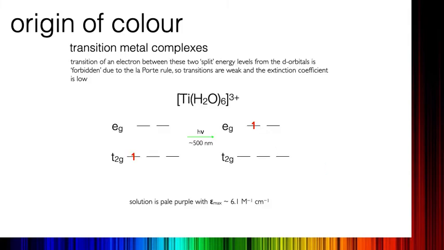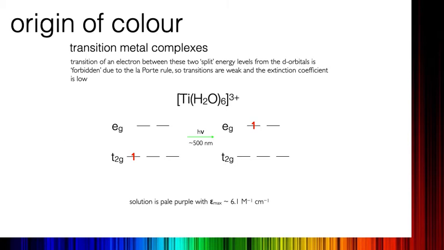So in titanium hexaaqua, it's those hexaaqua around the titanium which are giving me this split in energy levels, and the transition I see is from this T2g set to this eg set, which are all 3D orbitals, and therefore it's a d-d transition and it is forbidden. And so my molar extinction coefficient for this transition is low, about 6.